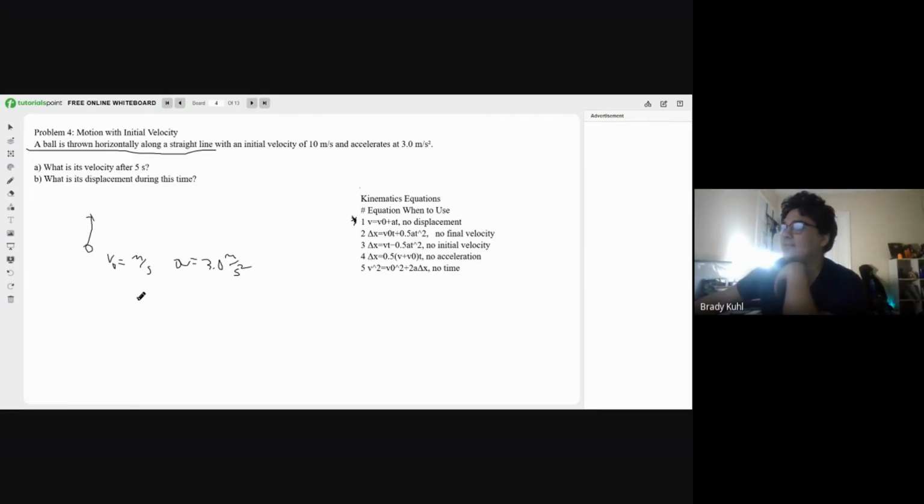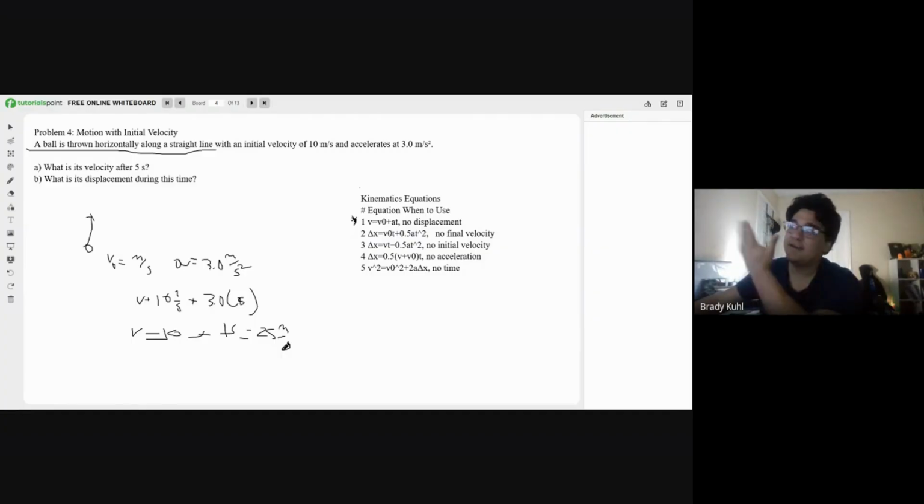To find the final velocity at 5 seconds, you use initial velocity, which is 10 meters per second, plus 3 times 5 seconds, 15. And the final velocity is 25 meters per second. You got that one. You are correct.